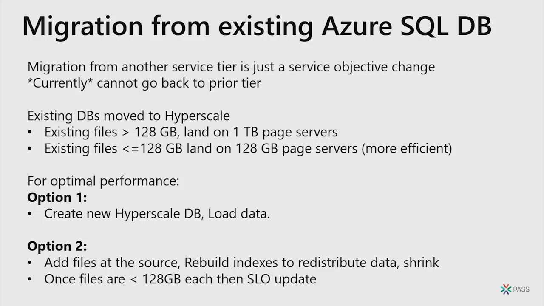So we broke that 1 terabyte down to now 128 gigs. And that will potentially see some evolution in the page server chunk size. But if your files are greater than 128 gig, there's no way for us to break that up, right? We're not going to shrink DB and reorganize on the fly. That's not going to work. And so you land up on 1 terabyte page servers, right?